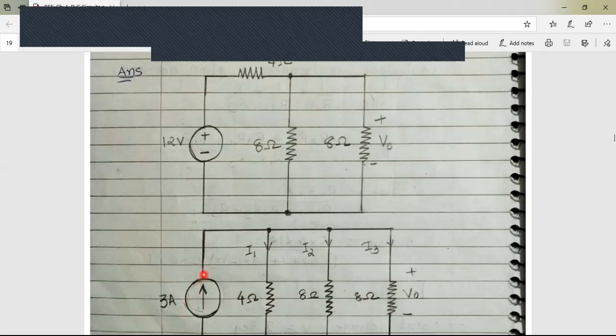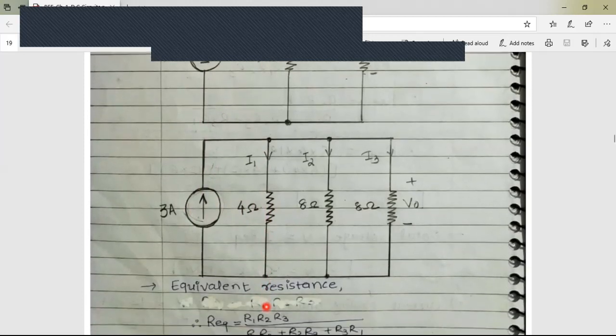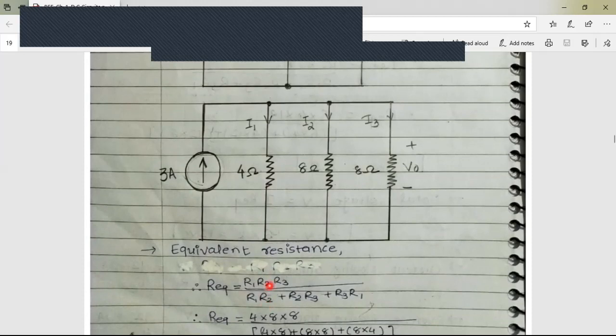So this voltage source with its resistance is converted into a current source in parallel with the resistance. Now we know that these three resistances are in parallel.